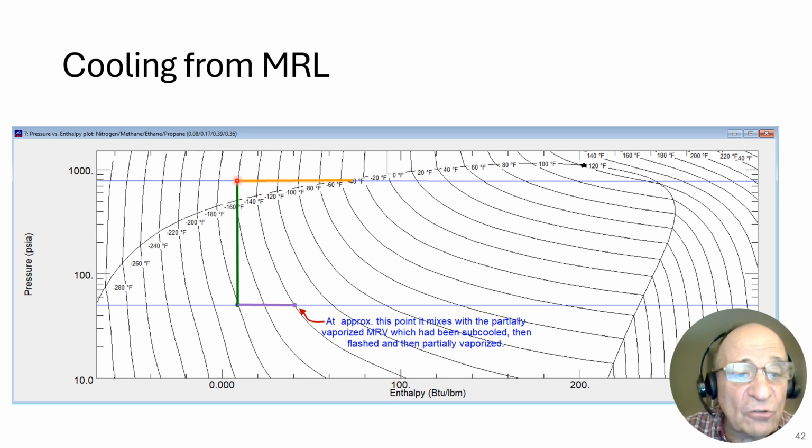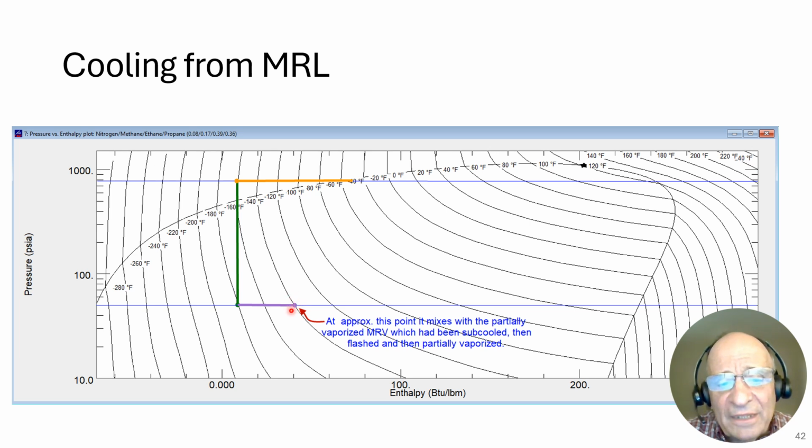We flash across a JT valve. It becomes minus 180 degrees Fahrenheit, and now it's a liquid and a vapor, and it starts absorbing heat from the natural gas and from the MR streams. It absorbs heat from the MRL, it absorbs heat from the MRV, and it absorbs heat from the natural gas, with all that heat going into this MRL liquid and vapor.